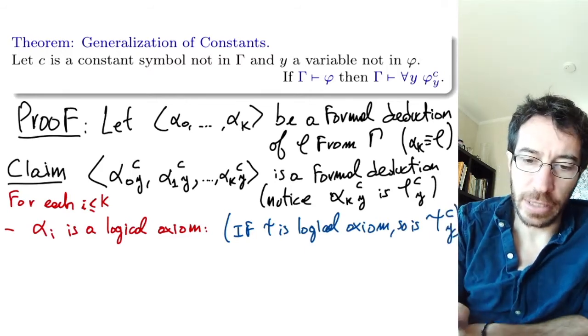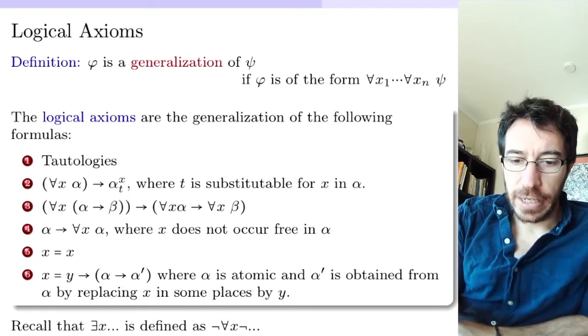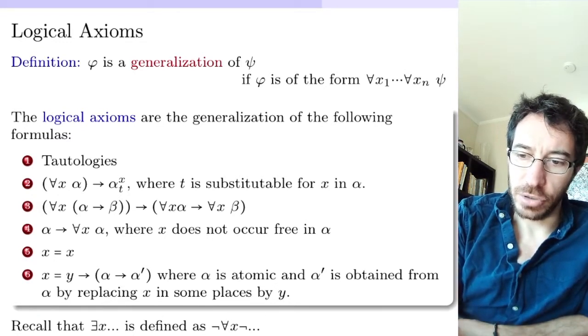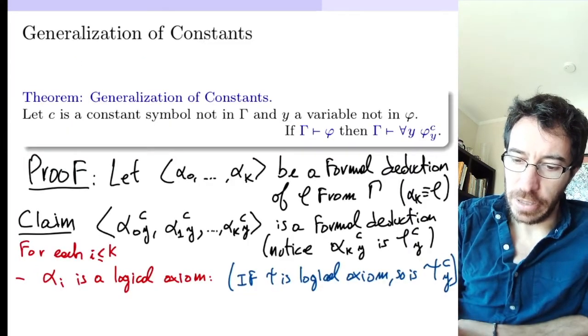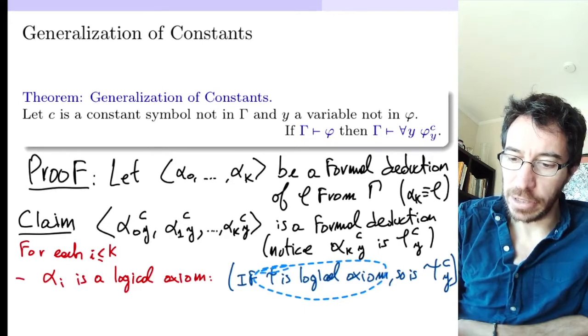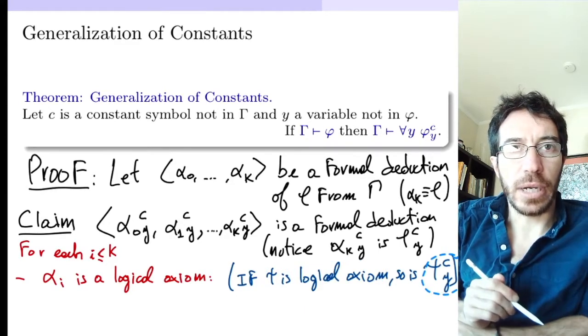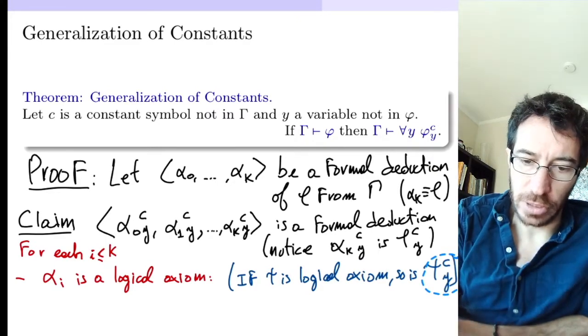And why is that? Well, let's look at the logical axioms. Here are the logical axioms. Let's look at whether in each of these cases we have the property that if you have one logical axiom and we replace a constant by a variable y, then we still get a logical axiom, assuming that y doesn't show up in the rest of the formula.